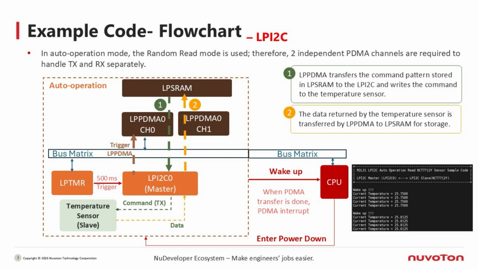Once the Low Power I2C is started, PDMA channel 0 is activated to send the command data stored in Low Power SRAM to the temperature sensor. Then PDMA channel 1 moves the sensor's response back into Low Power SRAM. When the data transfer is complete, a PDMA interrupt wakes up the CPU to process and calculate the results.